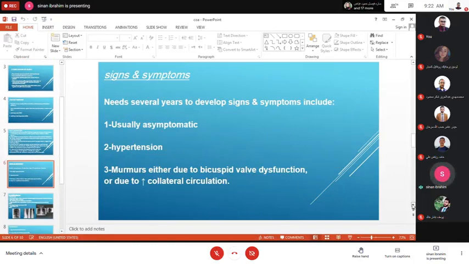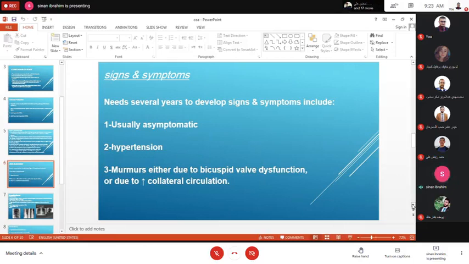While the adult type, this is the infantile type and neonatal type. The adult type usually needs several years to develop signs and symptoms, and usually they are discovered asymptomatic by echo, accidentally sent for echo for any reason, and we find the patient has coarctation of the aorta.